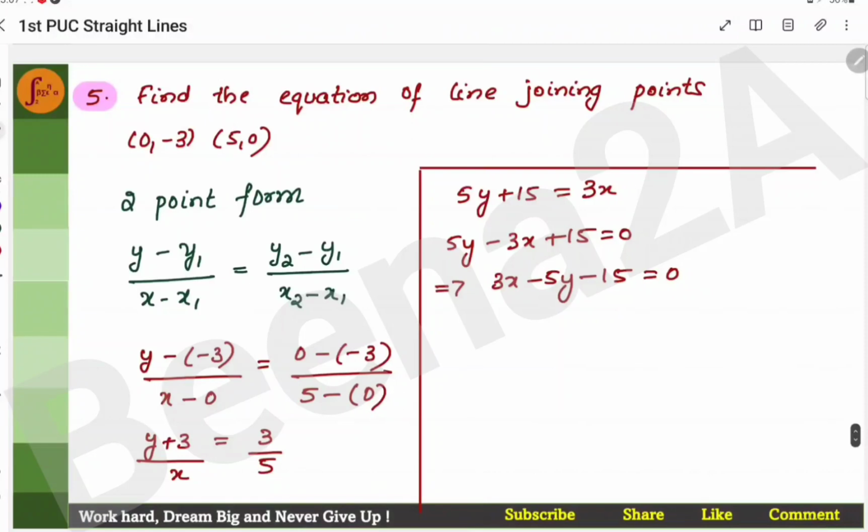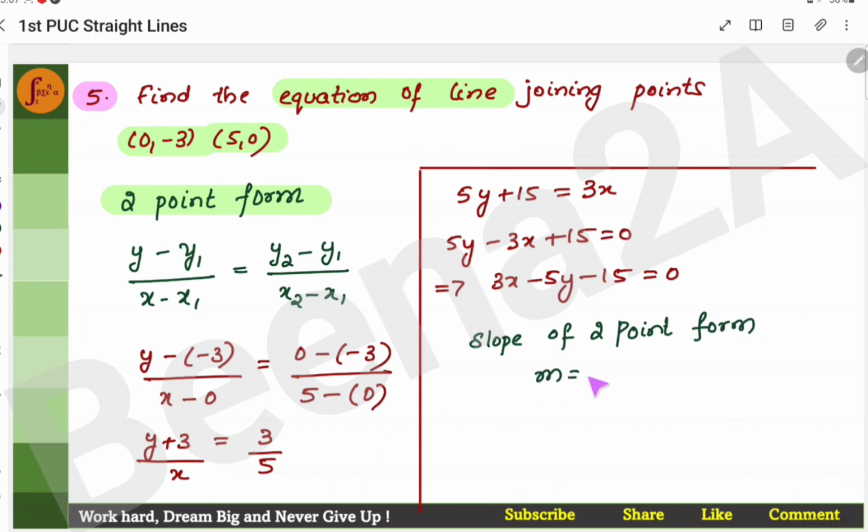Now find the equation of line joining 2 points. Again, use the 2-point form. So let's carefully observe slope of 2-point form, right? Slope in 2-point form is m is equal to y2 minus y1 by x2 minus x1. This is slope.